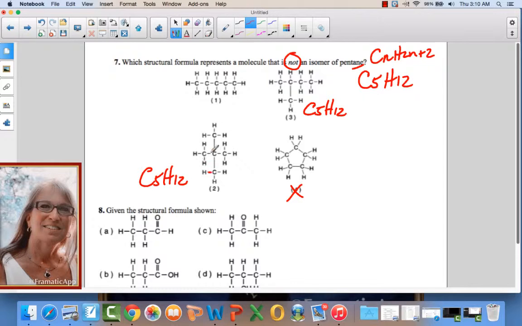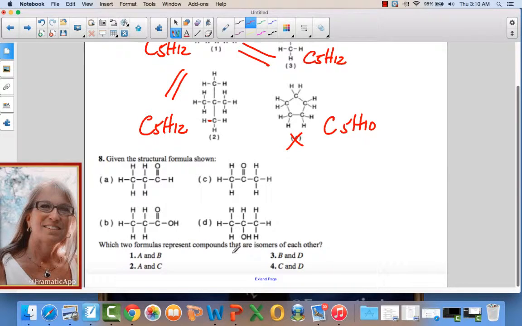So if I drew this one, C5H12, this would be an isomer of it. So this is also an isomer. These are isomers of one another. They all have the same molecular formula, but a different structural arrangement. This one is not an isomer because it is C5H10. I circled the knot, but I wasn't following my own directions.